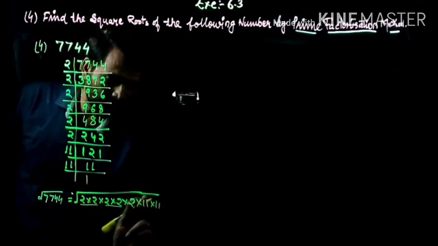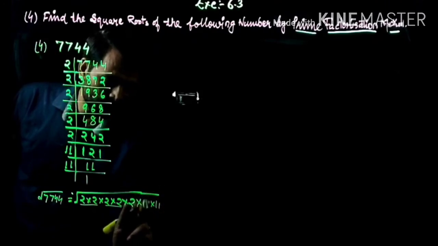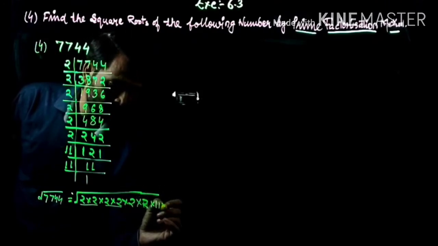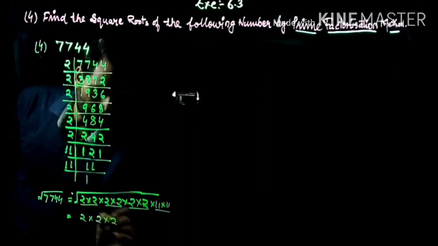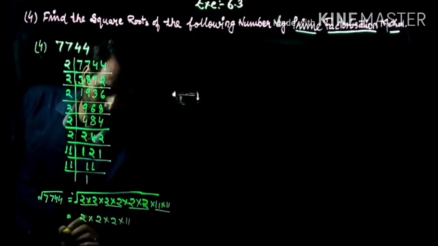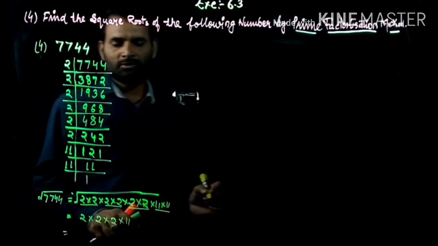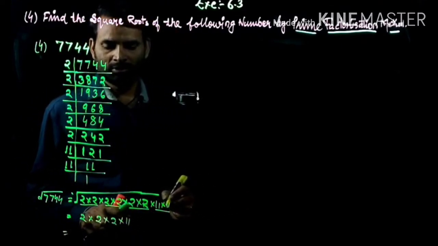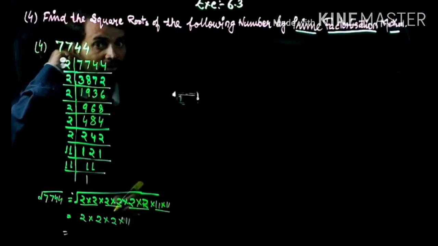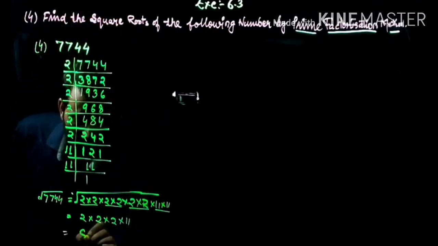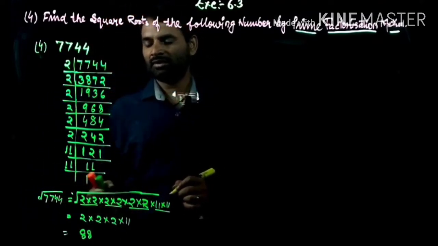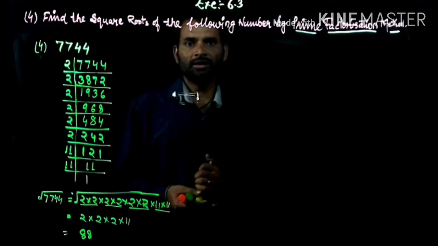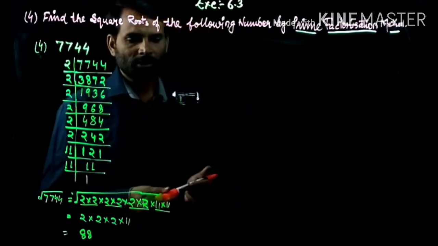I wrote 11 one time by mistake. So write 2 into 2 into 2 because 3 pairs, and into 11. Then multiply 11 2s are 22, 22 2s are 44, and 44 2s are 88. So the square root of 7744 is 88.